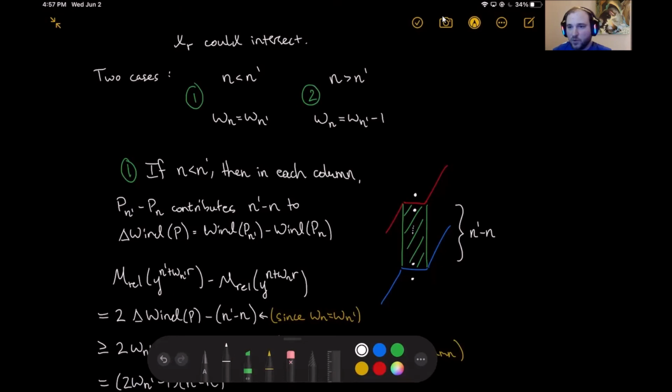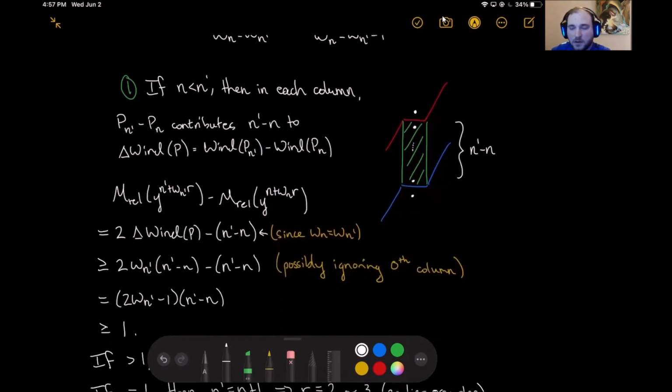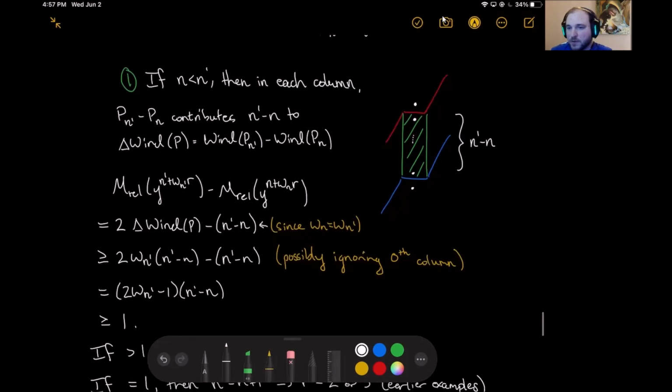In this case, the column width is exactly the same, and in each column that you decompose the grading differences over, you get that the number of base points that they enclose is just n prime minus n, and then you're adding it up for the total length of the column that you have. And so it's easy to see when this omega n prime is large, this number can't keep up. It's sort of like the winding number is growing faster than the contribution from the weight of the grading arrow and from that term from before.